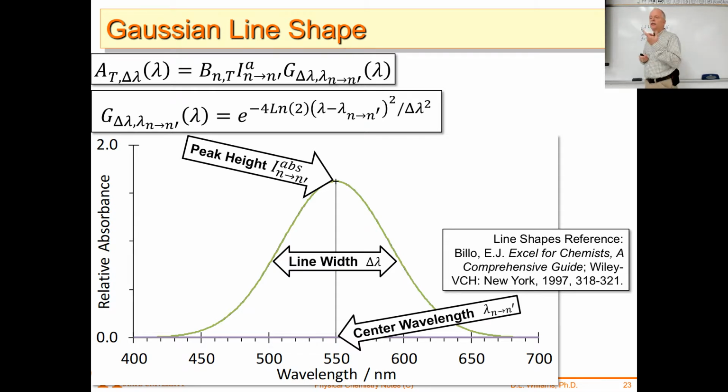And then the third piece is that line width, how wide your peak is. That depends upon the experiment. The line width depends upon the experiment. So this is when it gets real. When you actually go to the lab, you'll have peaks that have widths. And this piece will really help you understand the instrumental if you're in instrumental.